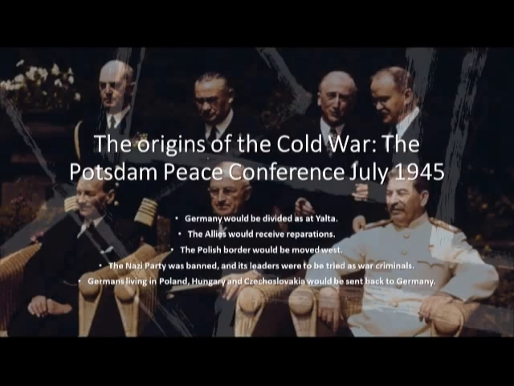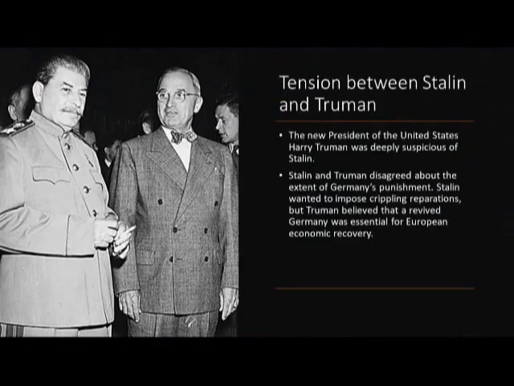It was also agreed that the Allies would receive reparations from Germany, which they would take from their respective zones of occupation. But the big source of tension at Potsdam was between Truman and Stalin. Even at this early stage, Stalin wanted to exact crippling reparations on Germany.